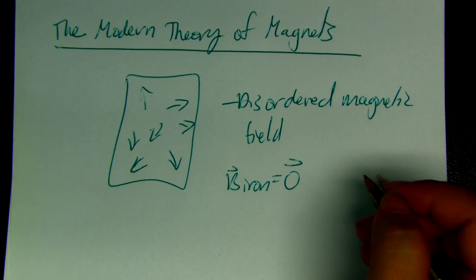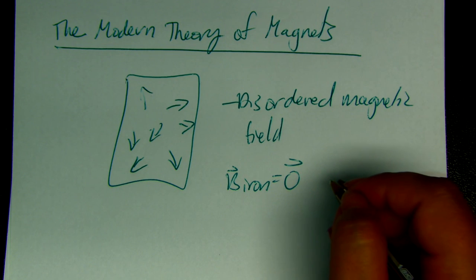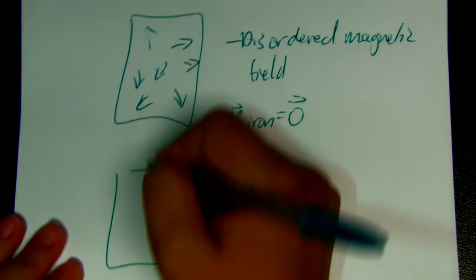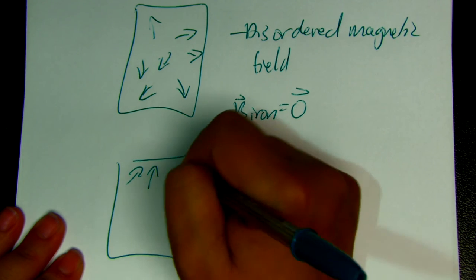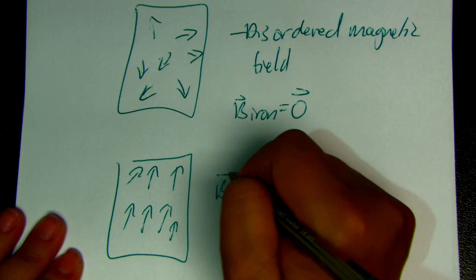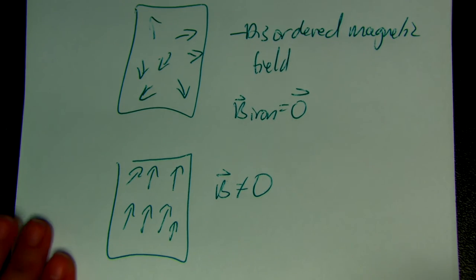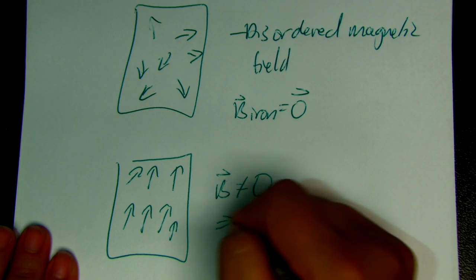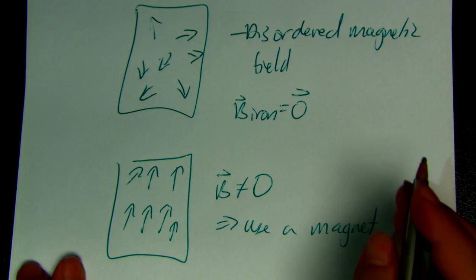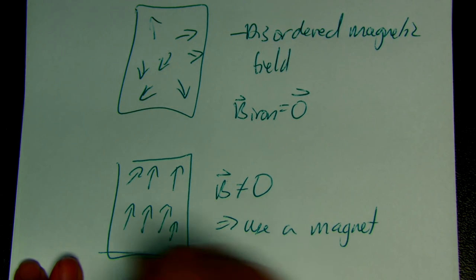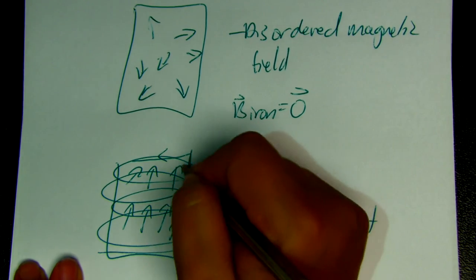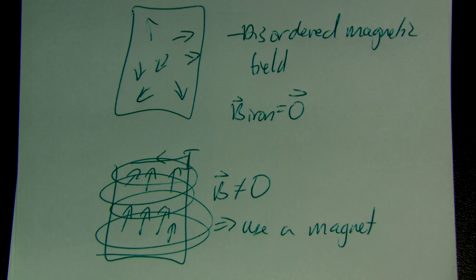Now, you could order it by applying something with a magnetic field to it, and then you would get these dipoles to align, and then you would get a magnetic field. So you use a magnet, or you could wrap a current-carrying wire around it, and the magnetic field of those coils could magnetize it.